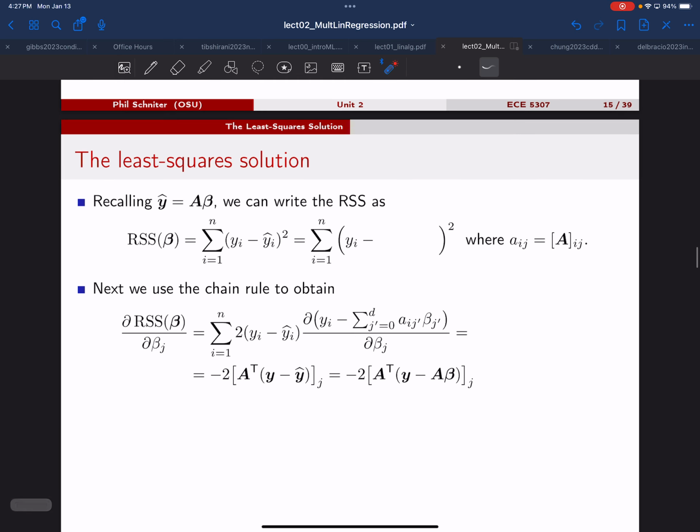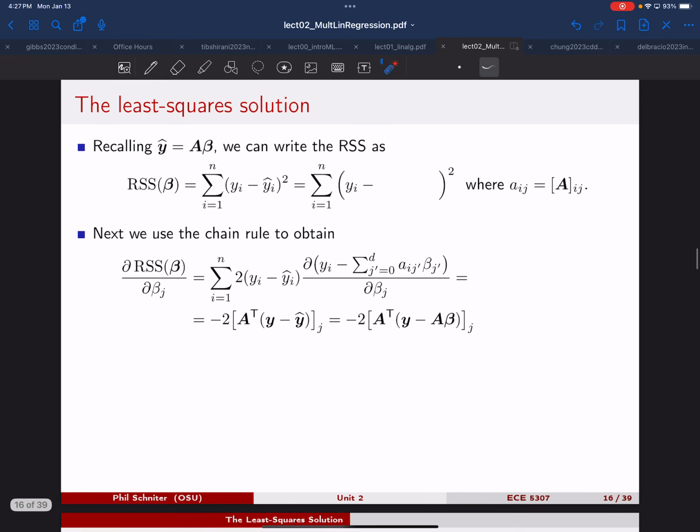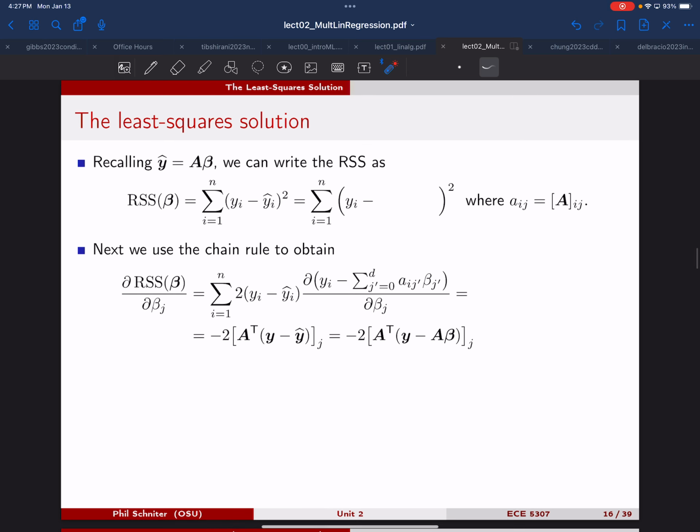So let's get ready to do this gradient zeroing thing we're talking about. Let's begin by writing our RSS in a way that's going to enable us to do the calculus. So here is the original definition of RSS, the difference between the ith training target and its prediction, summed and squared.